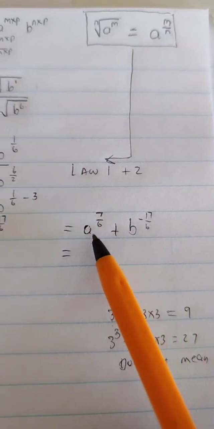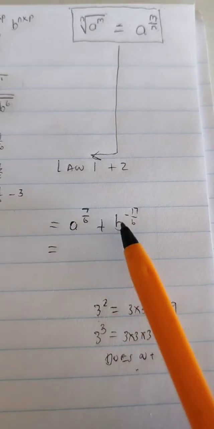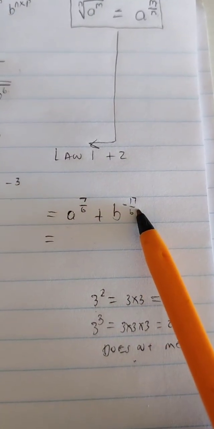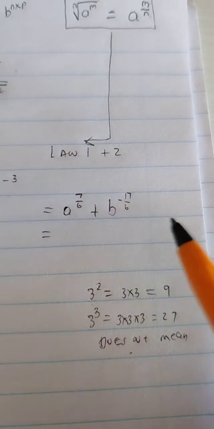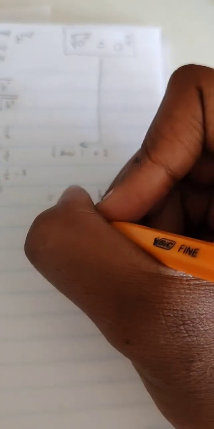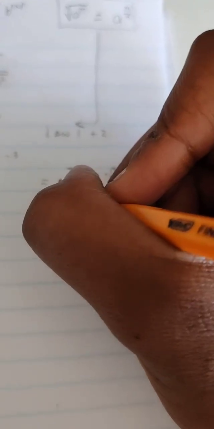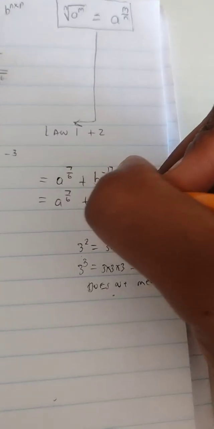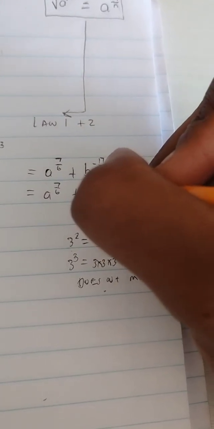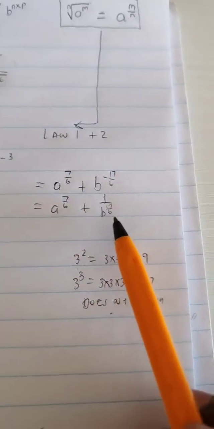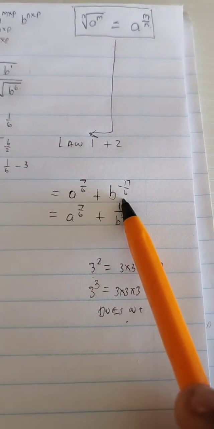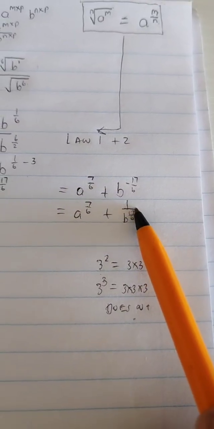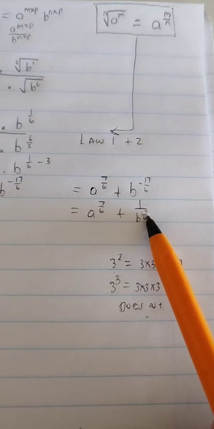Let's say, Shamam, it was a to the power 7 over 6 plus b to the power negative 17 over 6. Yes, Jabuli, let's term one work. Then, Shamam, you see, we would say a to the power 7 over 6 plus 1 over b to the power 17 over 6.